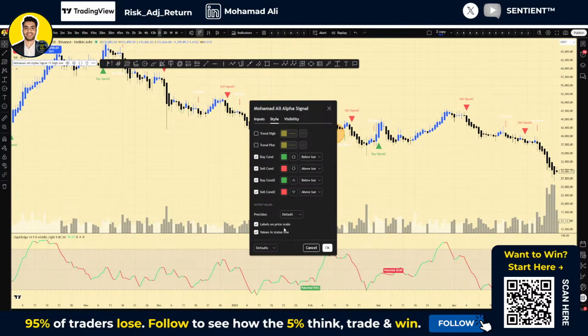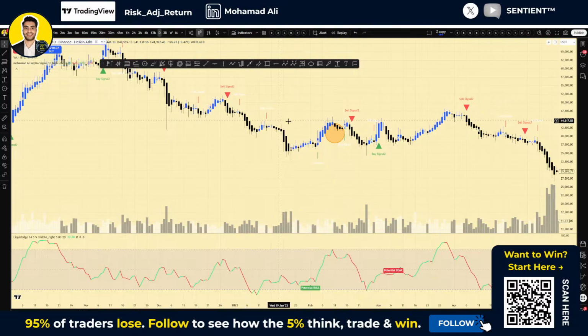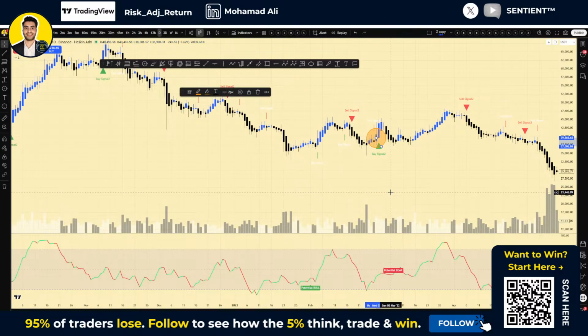So this has been labeled. No, this is not changeable right now. So it's giving us the buy and the sell over here. It gives us a weak sell, then after that a buy, and the LiquidEdge gave us also a buy.